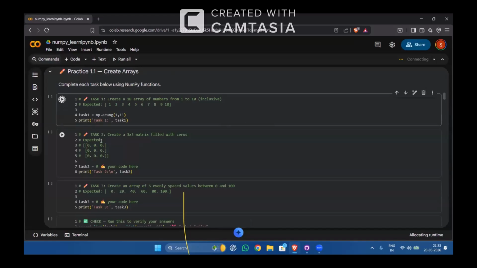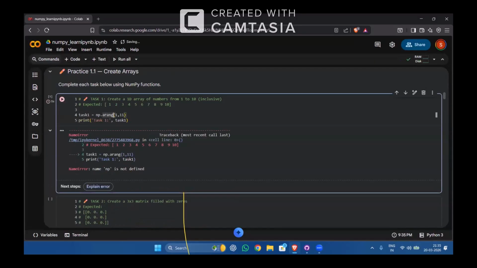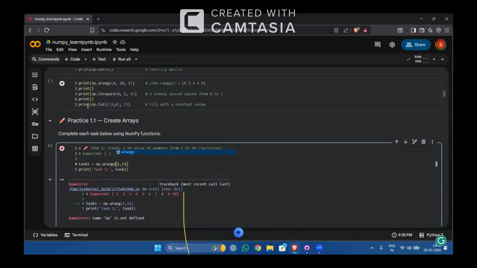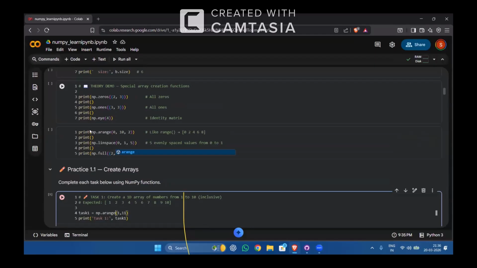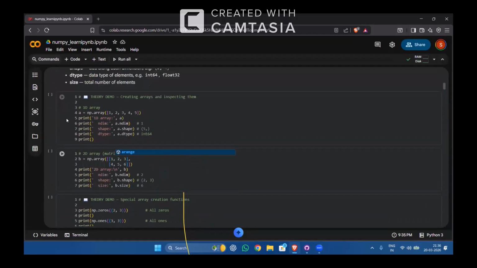You'll get an error because np is not defined anywhere, right? Just go to the beginning. There you can see import numpy as np, and execute that.